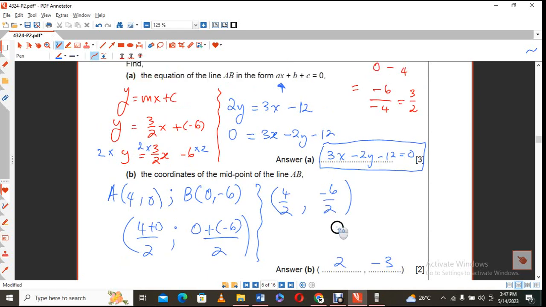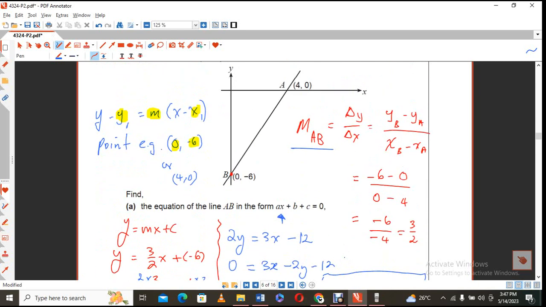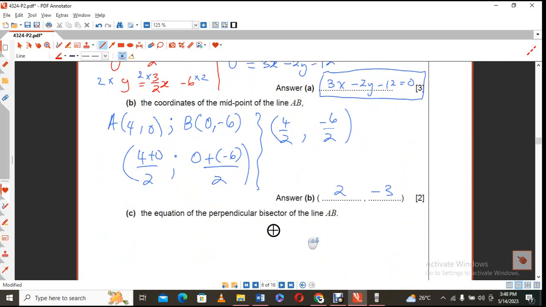So basically the midpoint is going to be somewhere on this line here. That's the midpoint, and we now know the coordinate is 2 comma -3: x will be 2 and y has to be -3 somewhere over there. There is now another part to this. There is a line that we are looking for, and this line is called the perpendicular bisector.